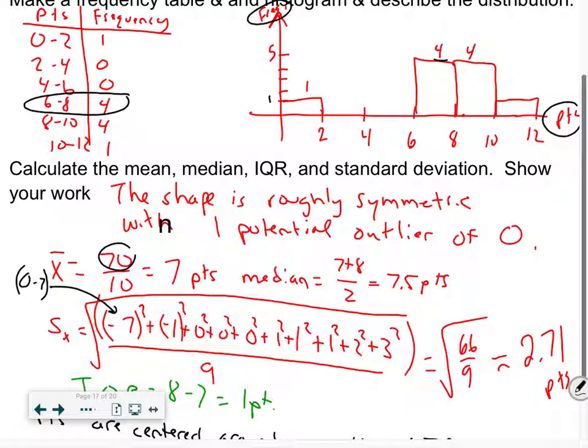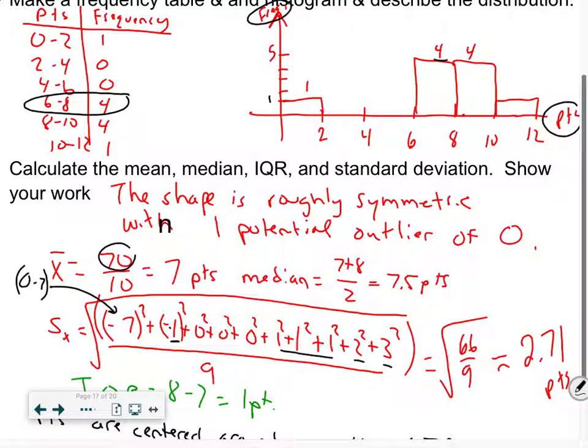And then I square it, and then I add it to the next deviation squared. So this negative 1 here is 6 minus 7, which is negative 1 squared. The zeros are the 7s. They have a deviation of 0 from 7. And then the 8s, and then the 9, and then the 10.